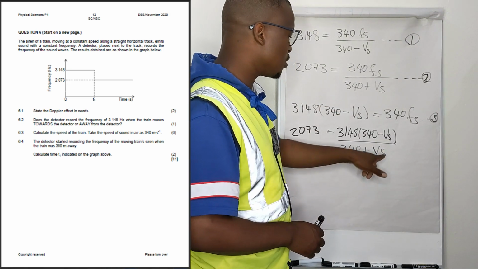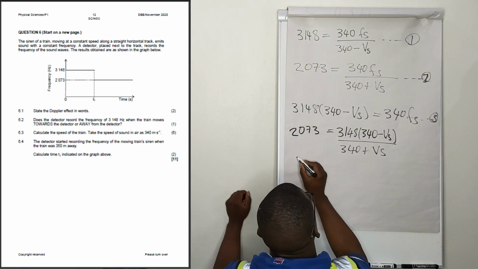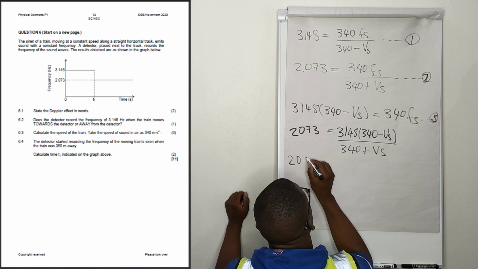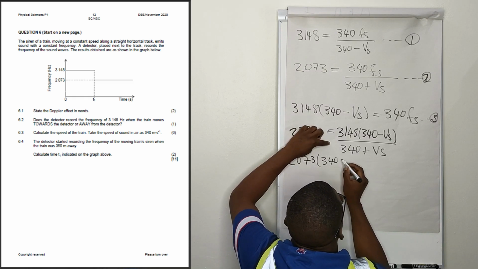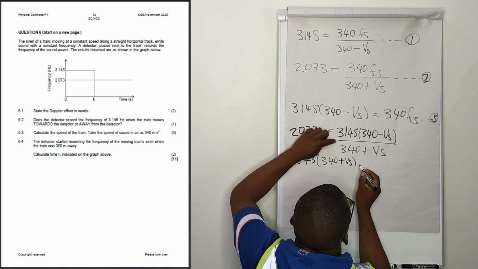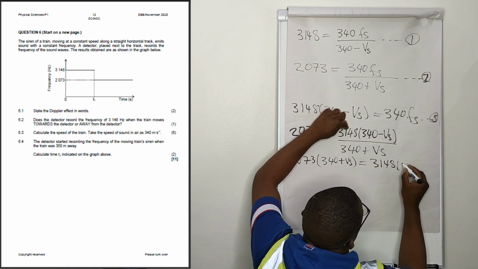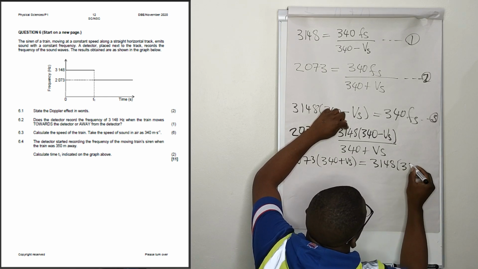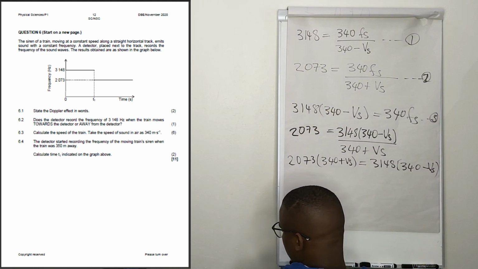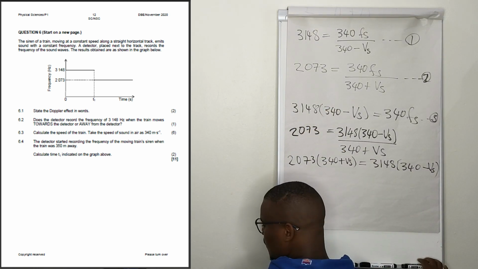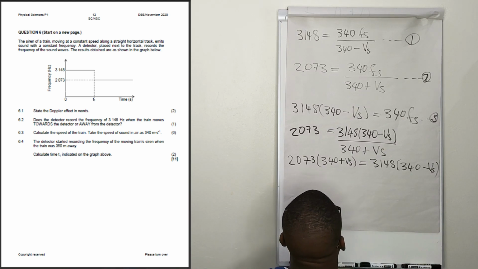You cross multiply here, because you're trying to solve for Vs now. This times this, so you have 2073 times 340 plus Vs, which is equal to 3148 times 340 minus Vs. Now you simplify this straightforwardly from here.